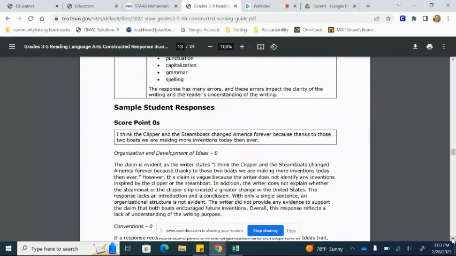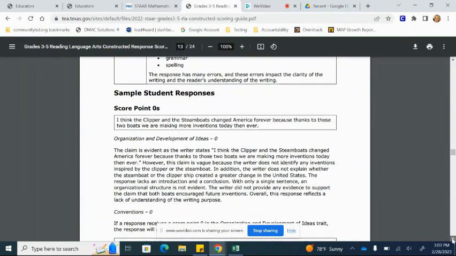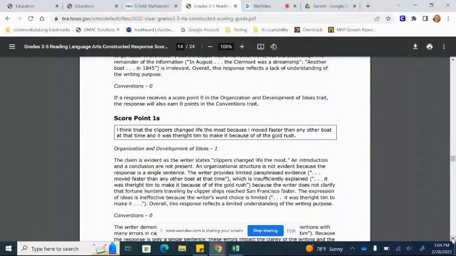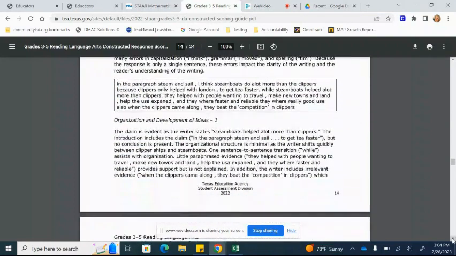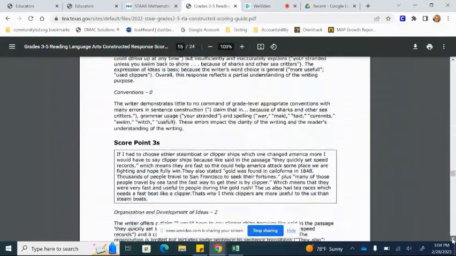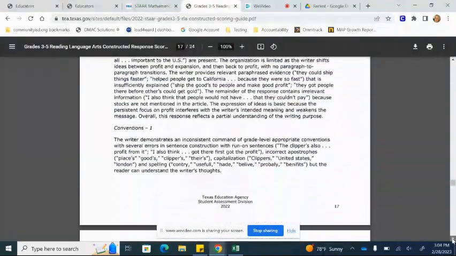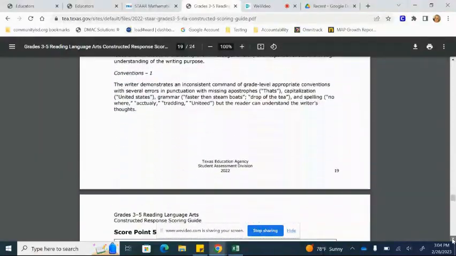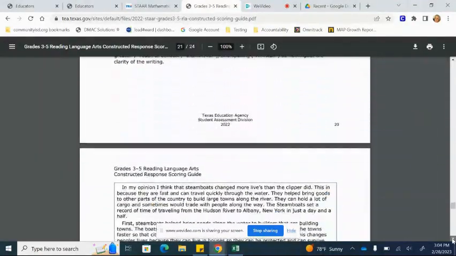All right, and then once again, we have some examples of what would score a 0 and then the rationale. And then what would score a 1 and the rationale, so on and so forth. So these are really great things that you can look at with your students, kind of talk through what are some good things they did, what are some things they could have improved on in this example, how could we improve it?